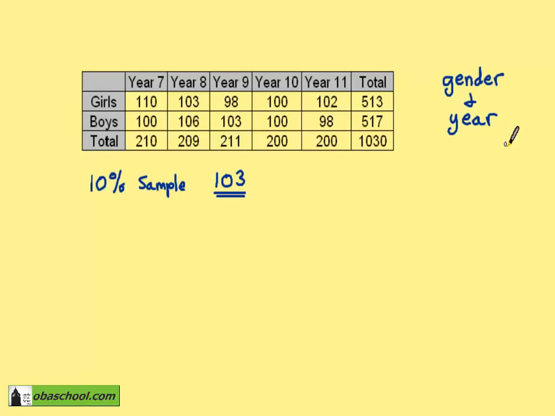We need to get proportionate amounts from each year group. So let's look at girls in year 7. 10% of 110 is 11. For boys in year 7, 10% of 100 is 10.